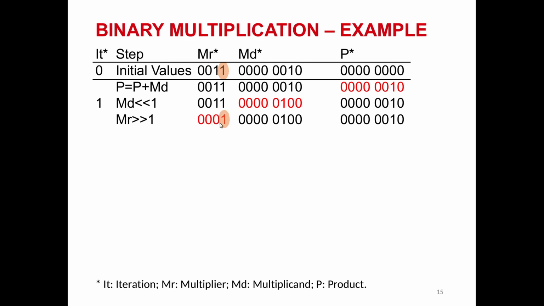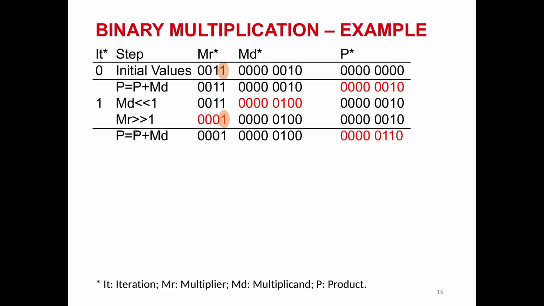At that time we need to check the least significant bit of multiplier, or bit 0. This value is 1, so we know that we will need to add the value of multiplicand together with the value of the product.